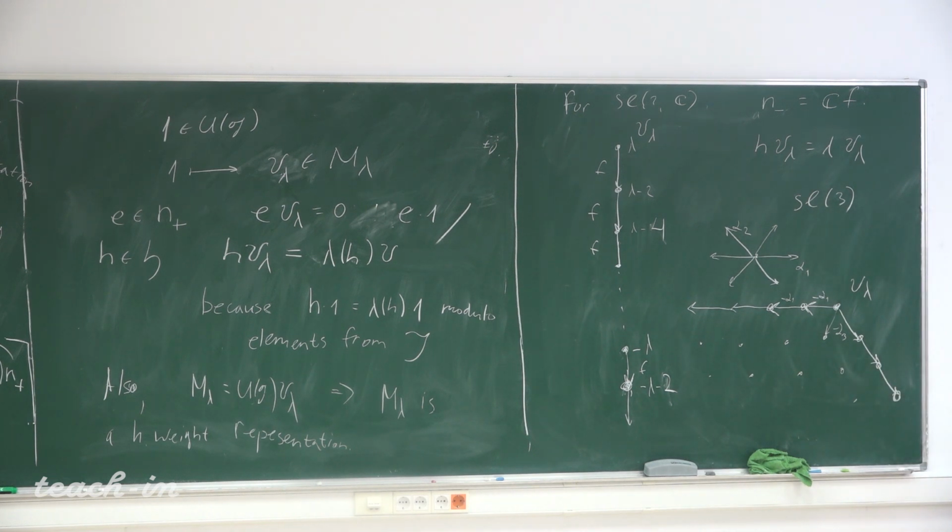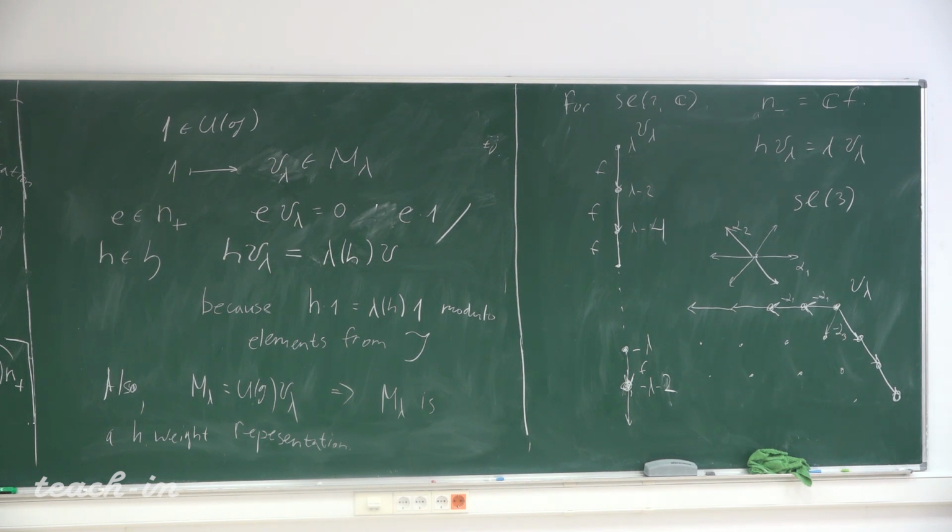Yes. I'm sorry. Do I understand it correctly that the weight here is calculated like the sum of coefficients in the decomposition of the root into simple roots? Weight of what? So you start a Verma module. You start with just any element of H star.